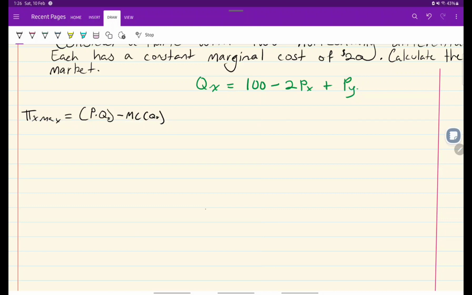And so I'll try to keep it on the lines. So that's actually not timesing that.